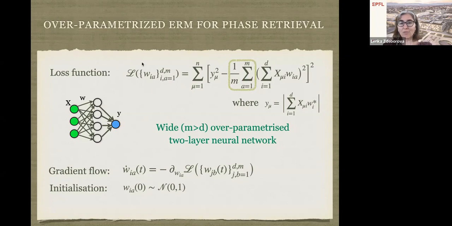That's our new over-parametrized loss function. For the results that I'm going to show you to work, we need the number of hidden units m to be bigger than the dimension. Not much, by 1 is enough, but we need it to be bigger.